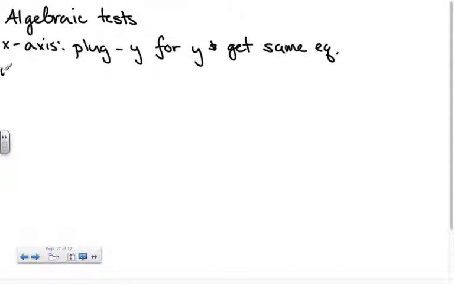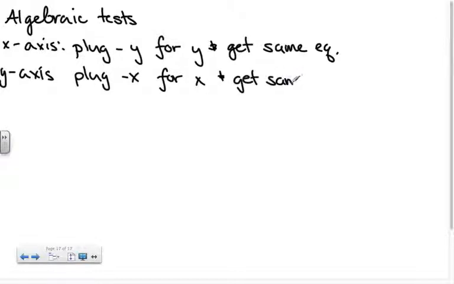For the y-axis, I plug negative x for x and get the same equation. This is called an even function.